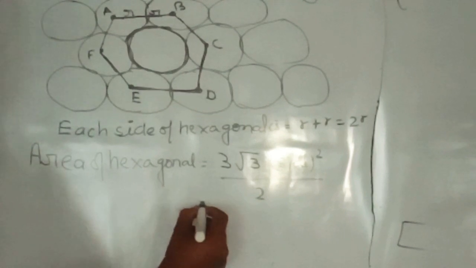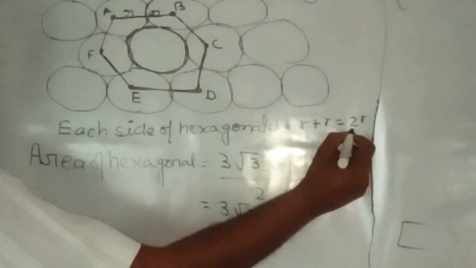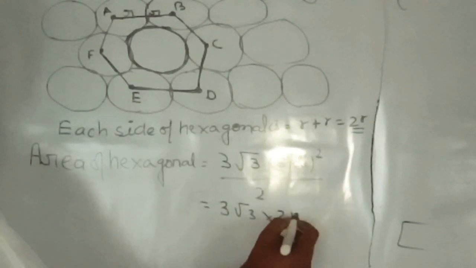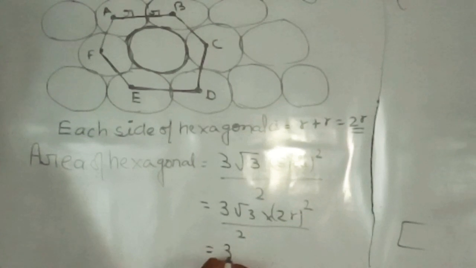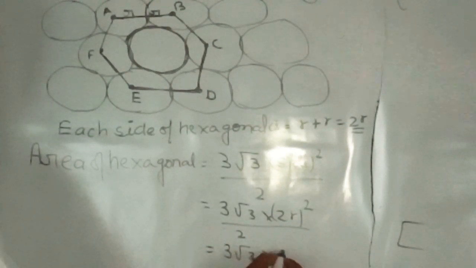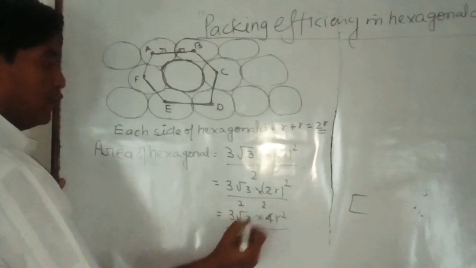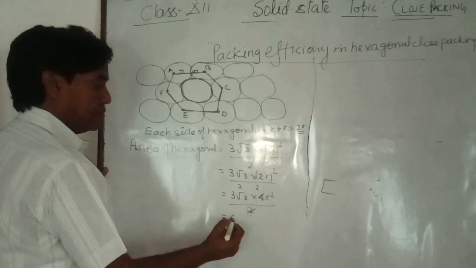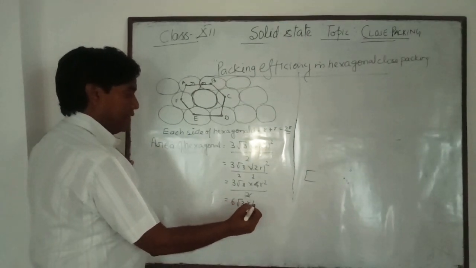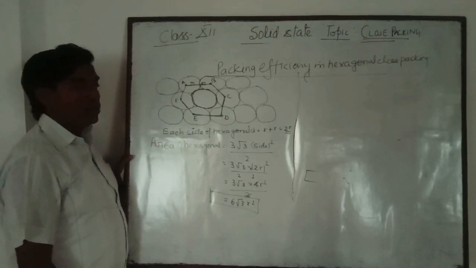Clear? Now what is the value of the side? That is 2r, so 3 root 3 into (2r) whole square upon 2, that is 3 root 3 into 4r square upon 2, and 4 divided by 2 is 2, 2 times 3 is 6, so 6 root 3 r square. That is the area of the hexagon.